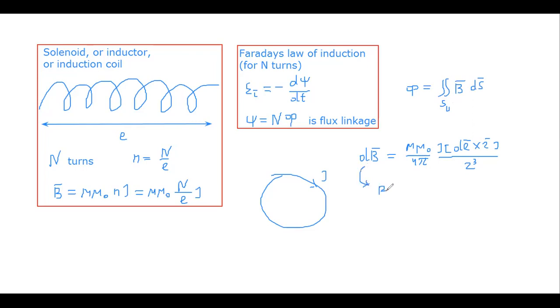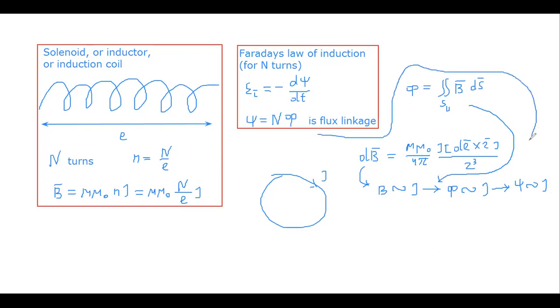So we have B proportional to electric current, and from here we have that flux is proportional to electric current, and it means that flux linkage is proportional to electric current.